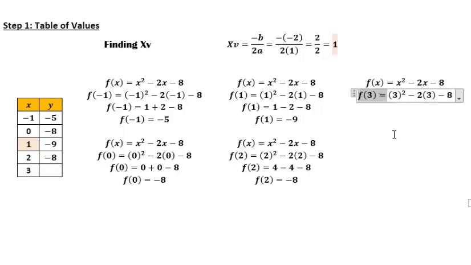Now I'm going to copy this. 3 squared is 3 times 3, that will be 9. Minus 2 times 3 will be minus 6. And negative 8, you just copy it, minus 8. Yep. Then we're just gonna perform the operations. 9 minus 6 is 3. And 3 minus 8 is negative 5. So that will be the answer for that exercise.